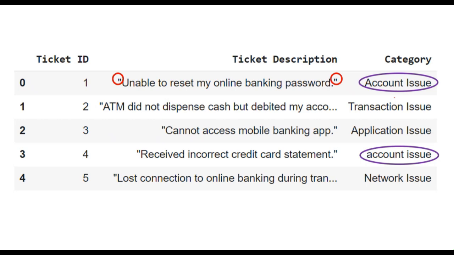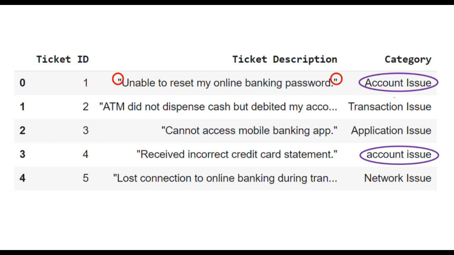And the second one is for the category column, where we can see that, especially for account issue, some of the entries have account issue with capital A and capital I, whereas some have account issue with small letter a and small letter i. Because of this, it can lead to problems when training a model, as it may treat them as different categories because of this lowercase and uppercase.